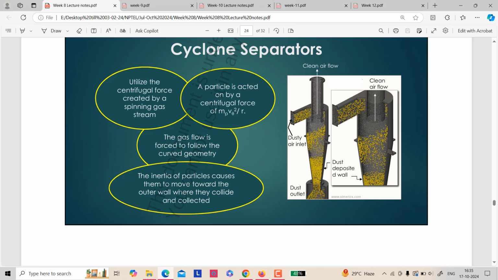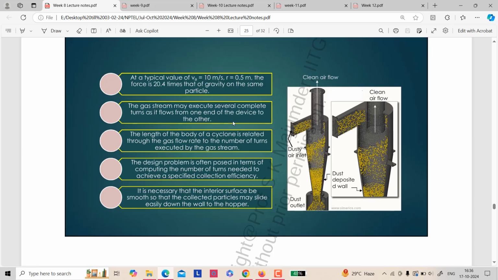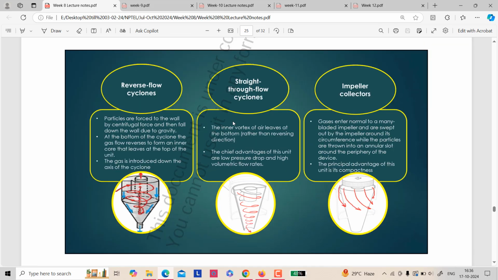The gas flow is forced to follow the curved geometry. The inertia of particles causes them to move toward the outer wall, where they collide and are collected. So the principle of a cyclone separator is very easy. Different types of cyclones are also used.